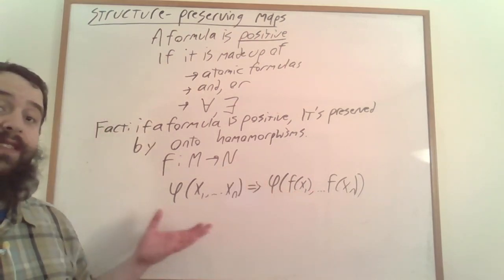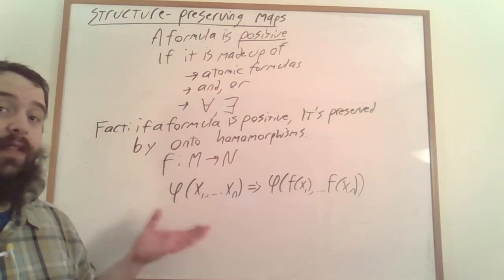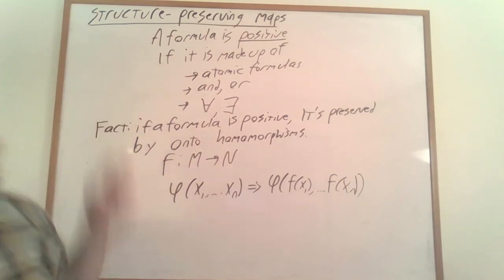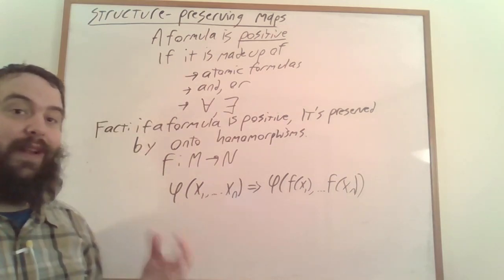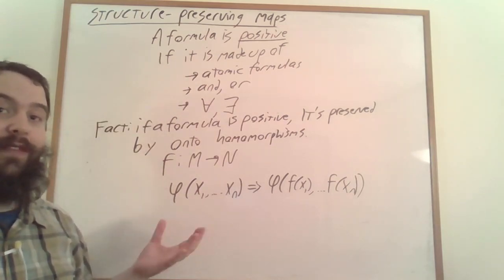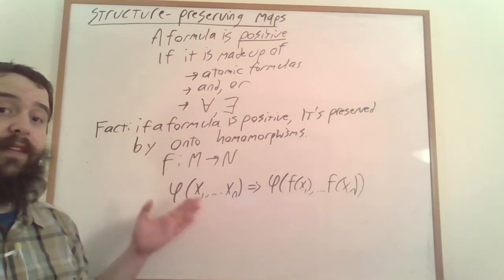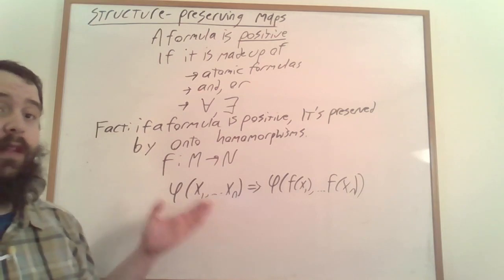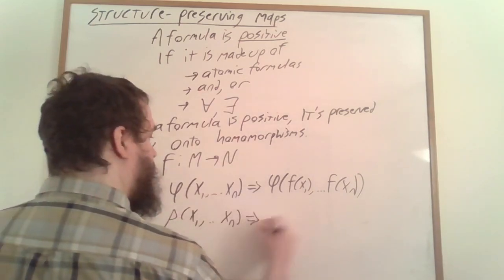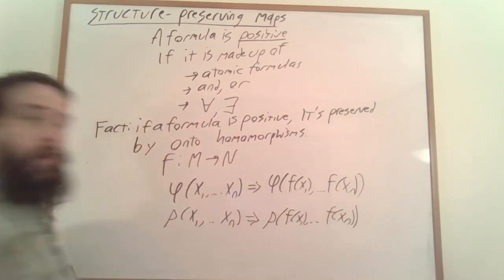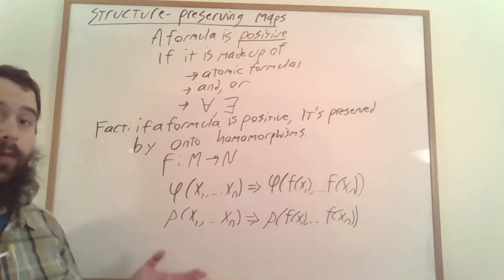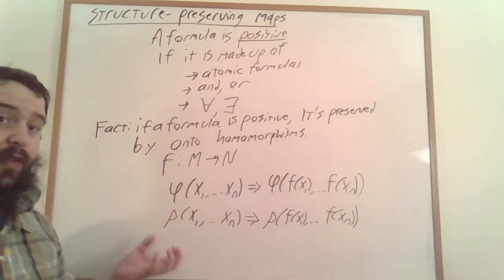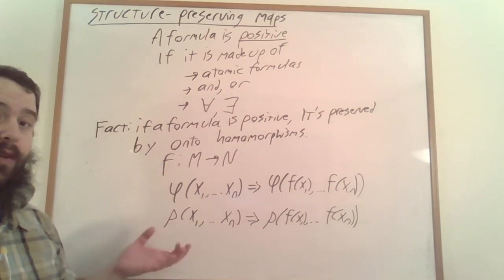We prove this fact by induction on the construction of the formula. For atomic formulas, this is the definition of what it means to be a homomorphism. If we know that one formula, phi, is preserved by onto homomorphisms, and another formula, rho, is also preserved by onto homomorphisms, then we know that phi and rho is also preserved by onto homomorphisms.